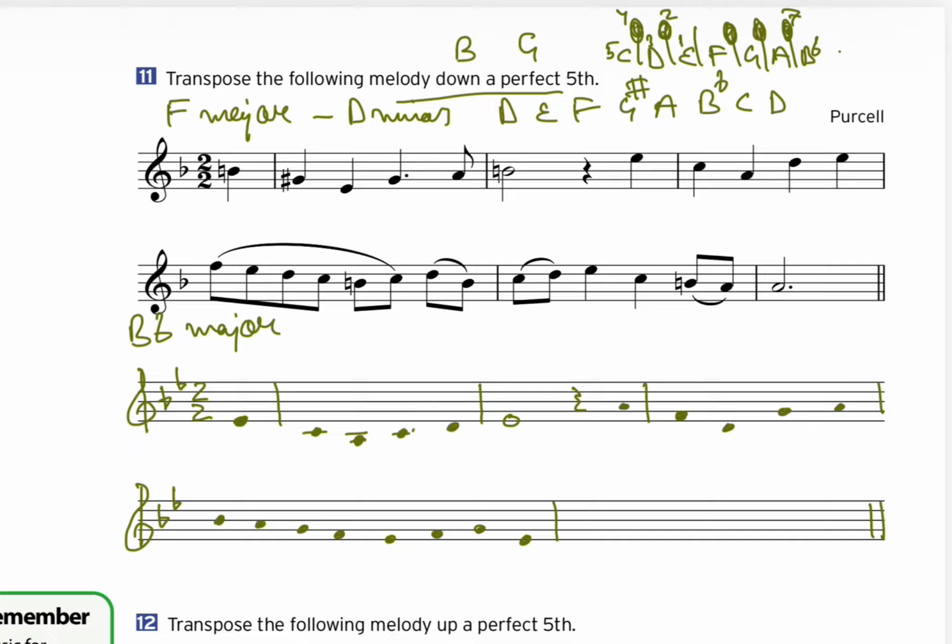Bar line. Let's put the stems. Accidental, we have to remember that this was raised here, so we have to raise here as well. Okay, this becomes natural.